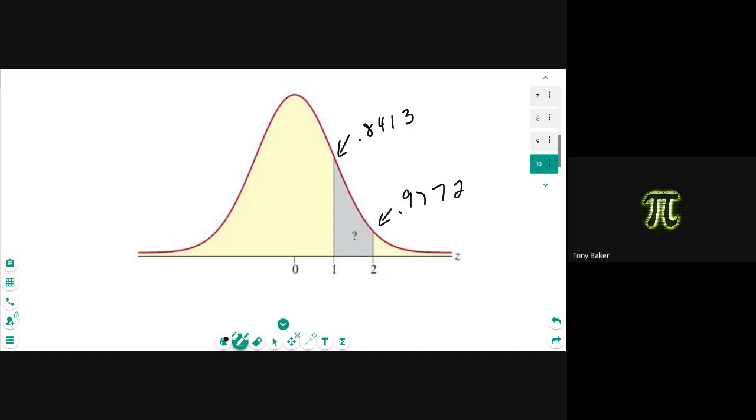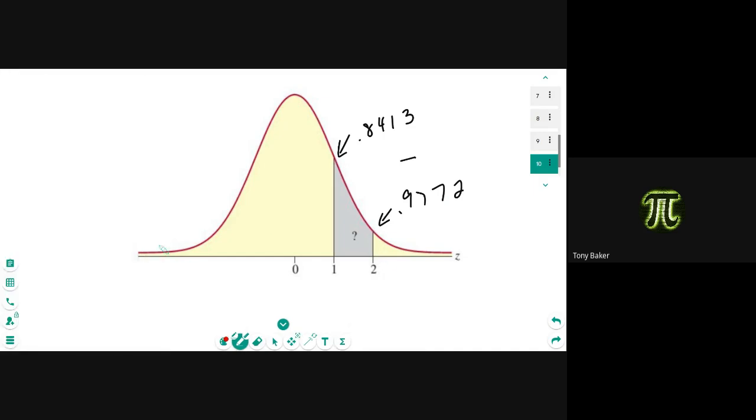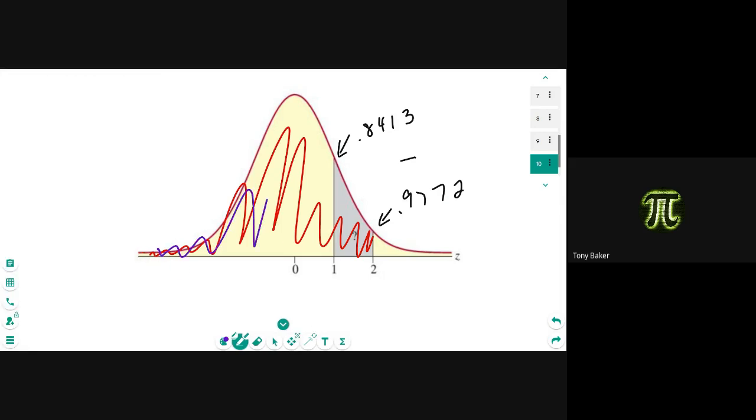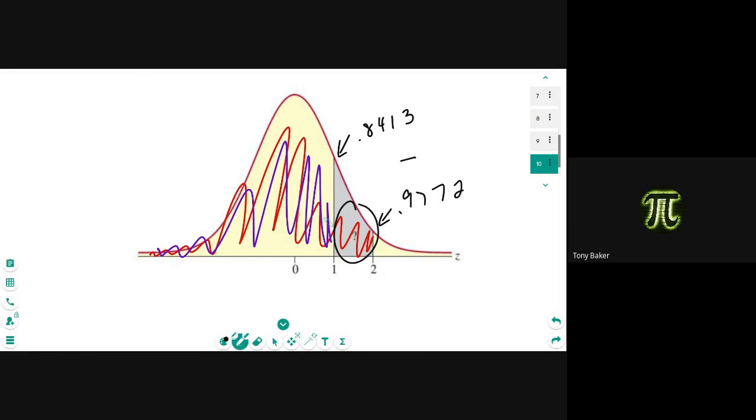Yeah. And then we subtract those. Because remember, it's going all the way over. So this is going to give me all the way over to 2, right? And the 1 is going to get me all the way over to there. I want the difference of those two.